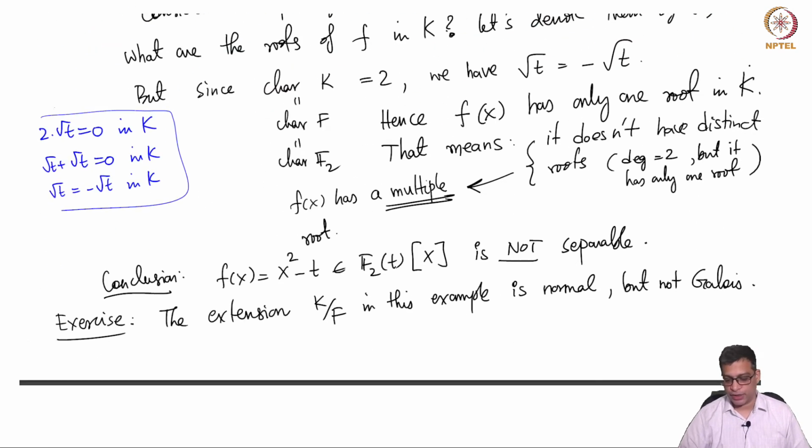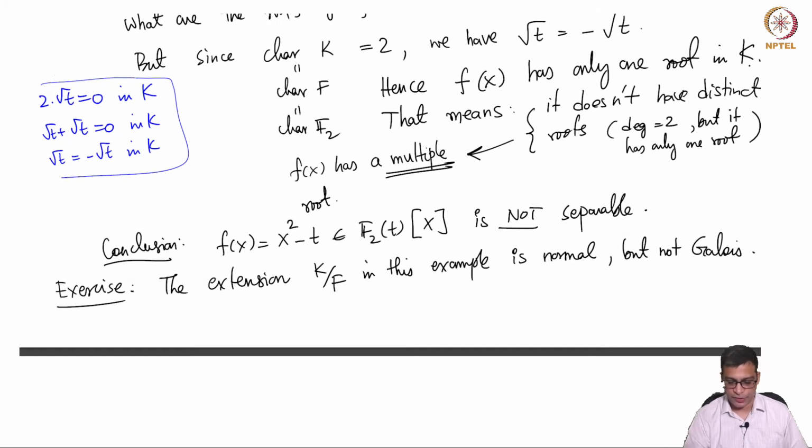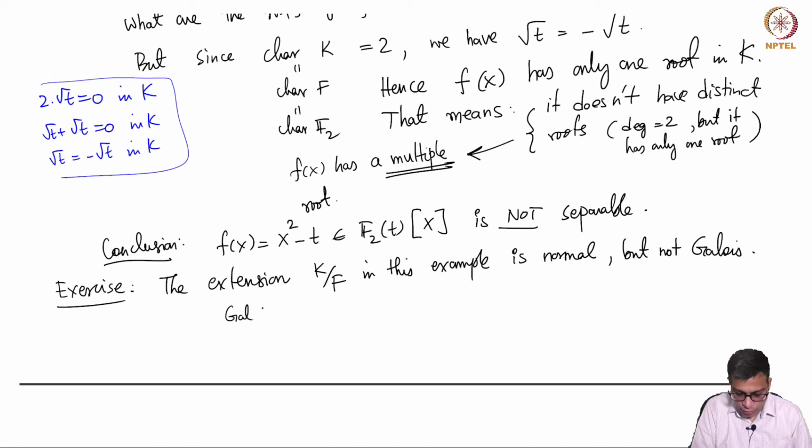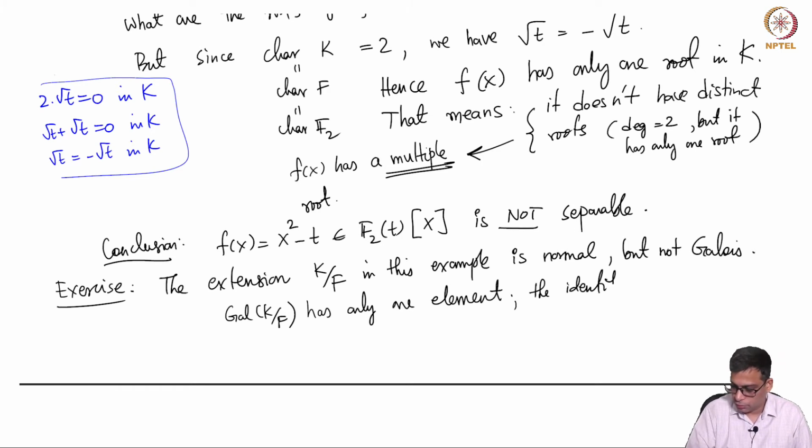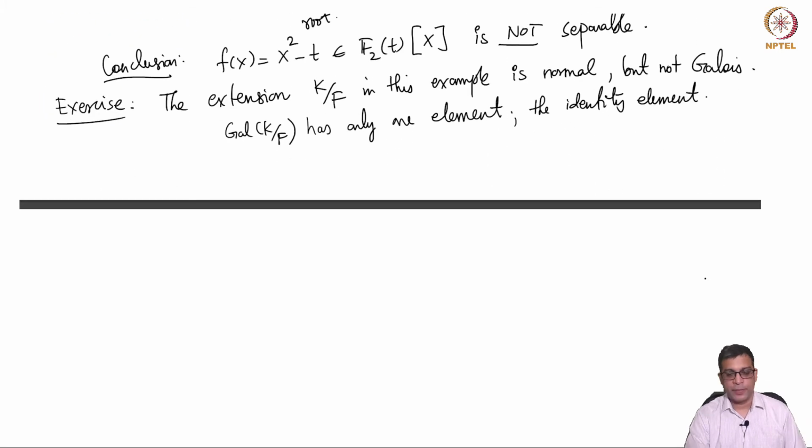It is normal, but it is not Galois because if you consider the automorphisms of K over F, I claim that it has only one element, the identity element, because it must send root t to another root of its irreducible polynomial, but there is only one such, namely root t. Minus root t is also equal to root t.